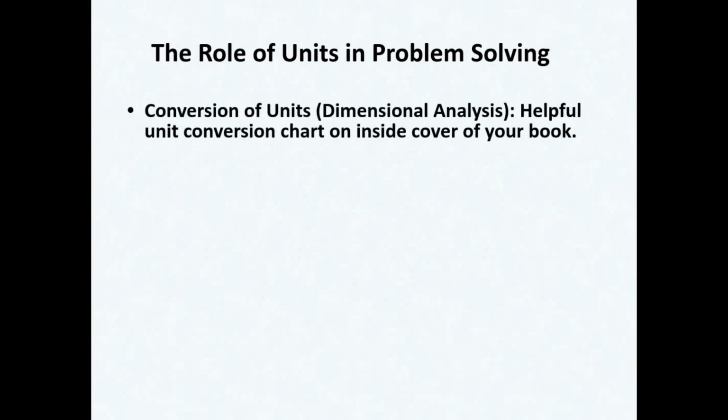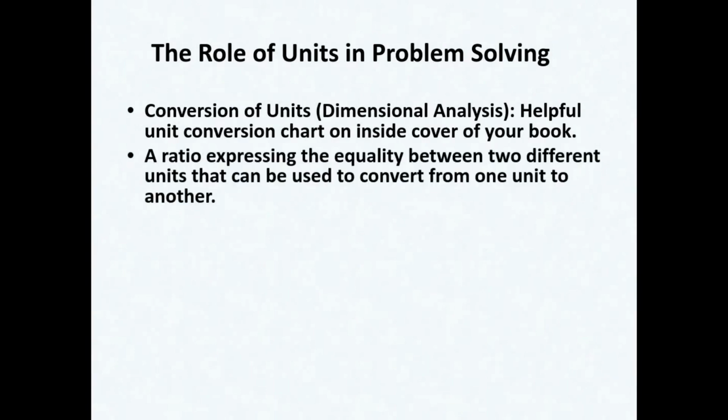So the units in solving problems. First of all, looking at conversion or dimensional analysis. So in your book, or I will provide you with your conversion chart again, meters to kilometers and meters to centimeters.